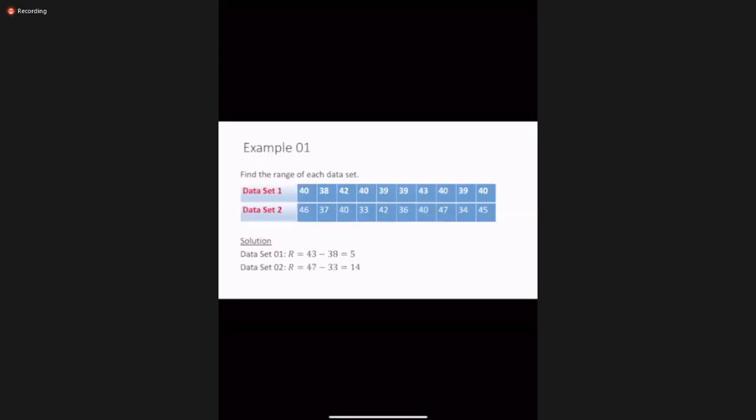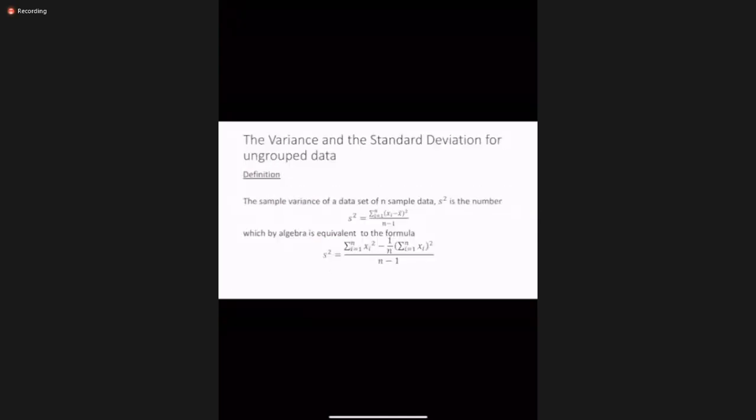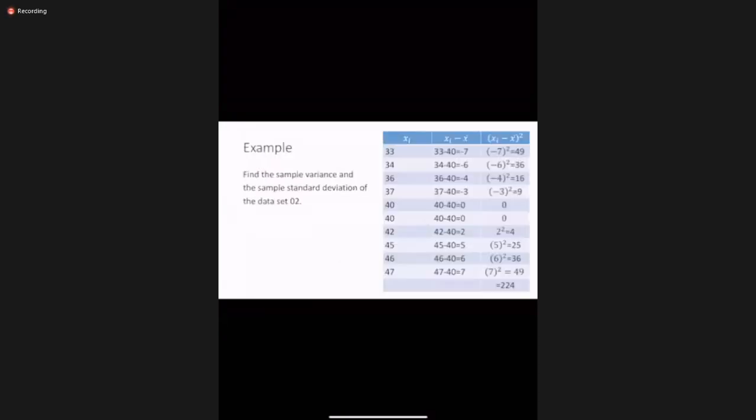Then we discussed the variance and standard deviation for ungrouped data. So I'm going to start here with the variance and standard deviation. Let's look at this example. I will explain it again briefly.